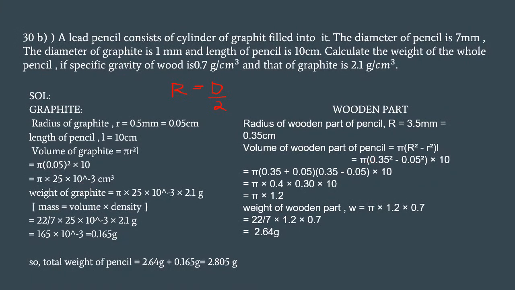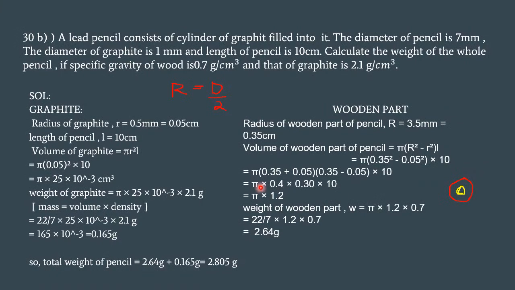Now for finding the wooden part of the pencil, you know that in the pencil, the red one which I drew is the wooden part, and the yellow one which I drew is the graphite part. So for finding volume of only the wooden part, it will be pi into capital R square minus small r square into L, where R is the radius of the wooden part and r the radius of the graphite part.